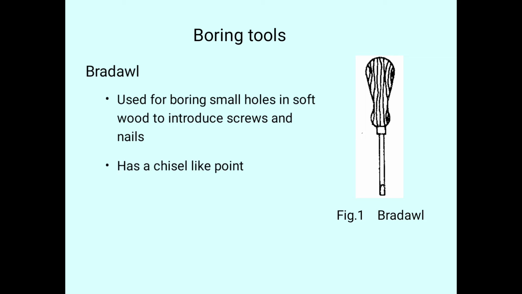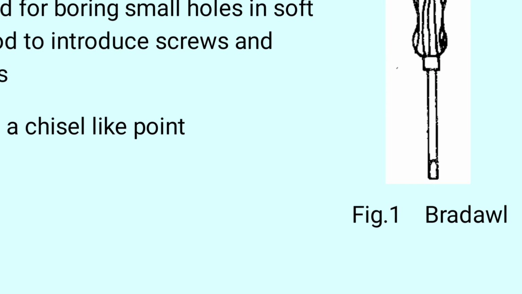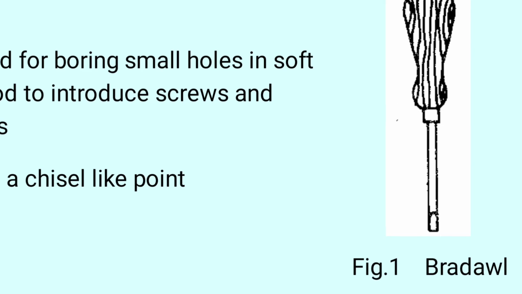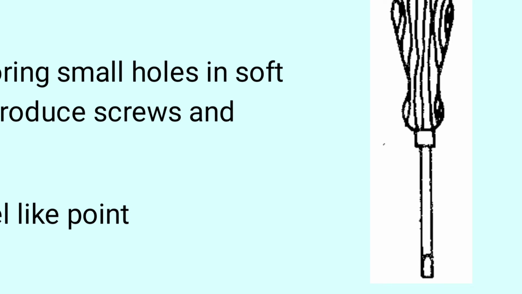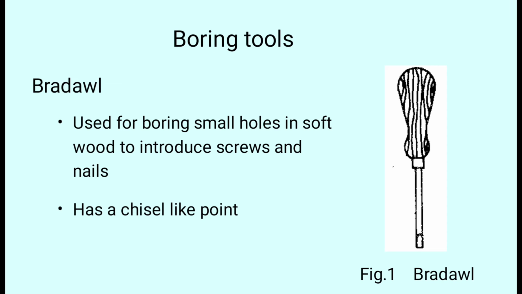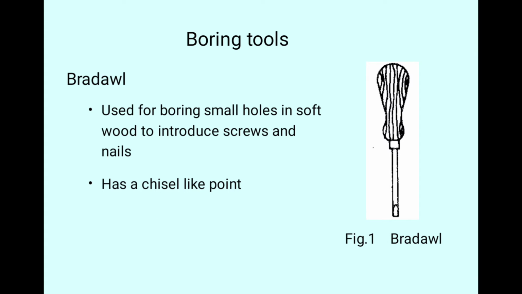Next, it has a chisel-like point. If you observe the figure at the bottom, you can see this part is called the chisel-like point. It looks like a chisel edge.